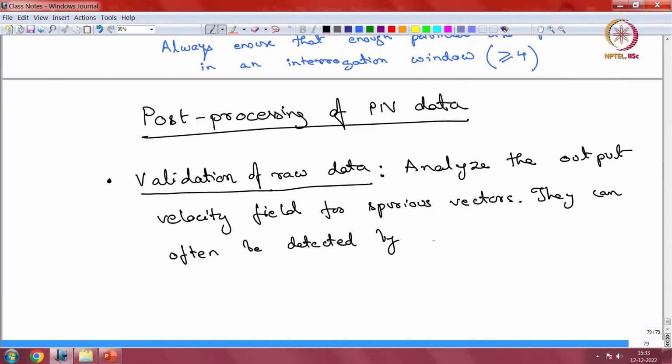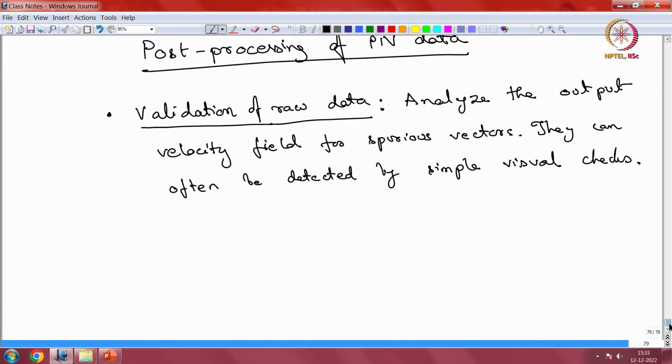by simple visual checks. However, even though sometimes visual checks can be done, you do need algorithms which will detect these things automatically.